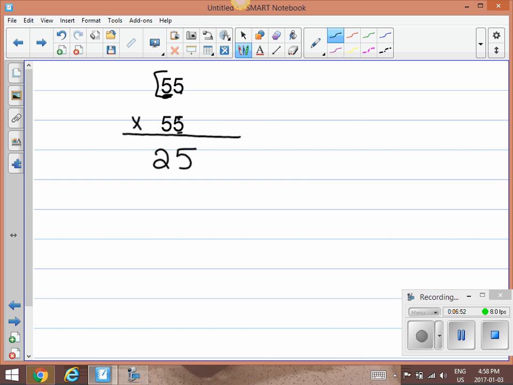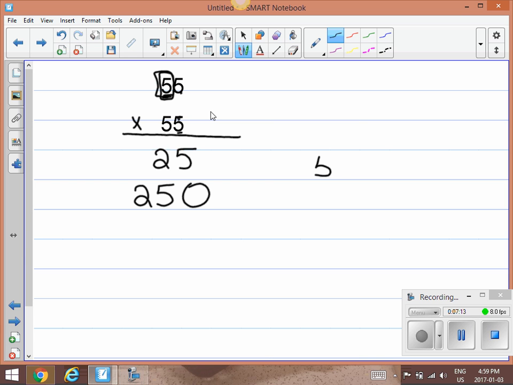Now, we also need to multiply 5 times this number. When I'm looking at this number, it looks like a 5, but it's not a 5. It's actually a 50. 50 times 5, as we said a little bit earlier, is 250.